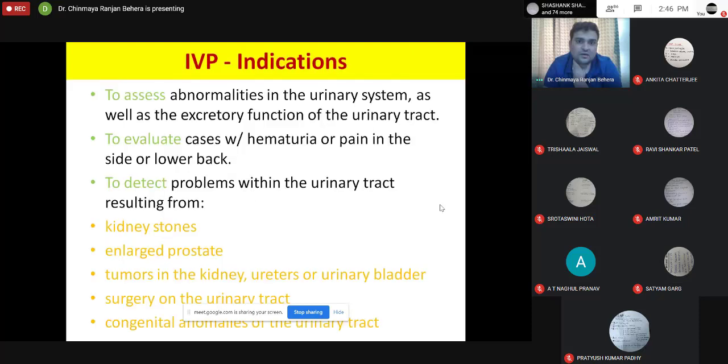Basically, IVP is done to evaluate any abnormality of the urinary system, to evaluate causes of hematuria or pain in the side or lower back. Sorry, anything in the urinary tract: kidney stone, enlarged prostate, tumors in the kidney, ureter or urinary bladder, or any congenital anomalies of the urinary tract.